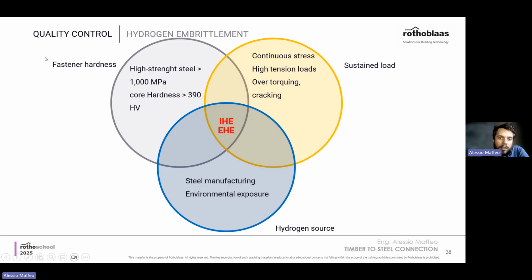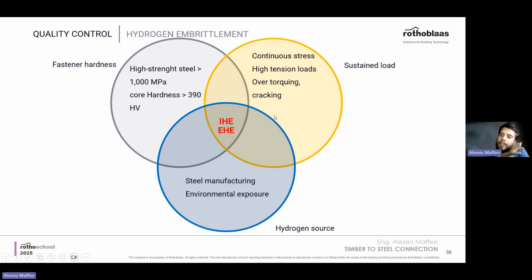The first combination is to have a pretty high hardness connector. So if the fastener is a high hardness connector, if there is a sustained load, and if there is a hydrogen source, the combination of these could lead to a failure due to hydrogen embrittlement, which again has to be divided into internal and external environmental.